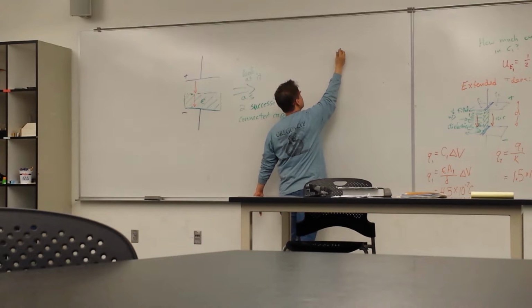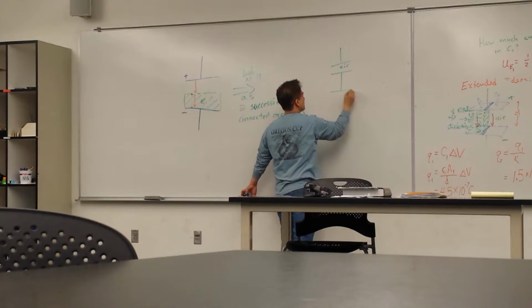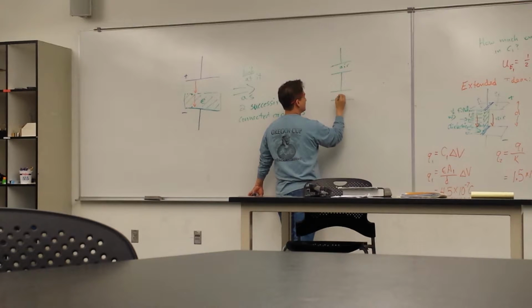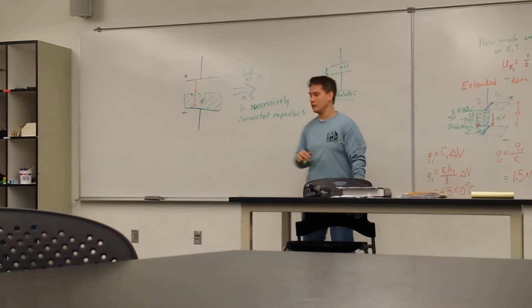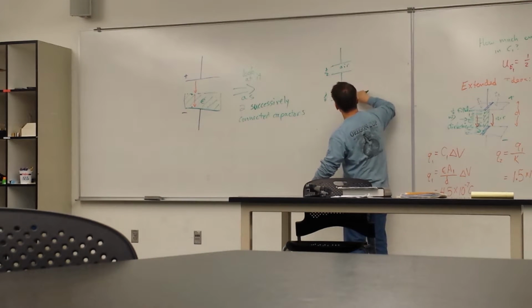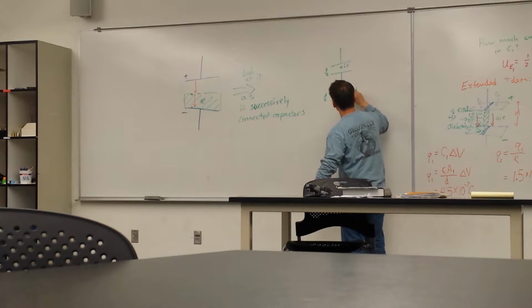What do we have? We've got air, and we've got the dielectric. And each of these is a D over 2 size thing. So we're going to always have the problem of this D not using the same one as the previous one.